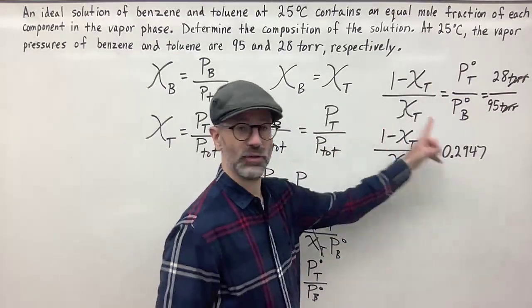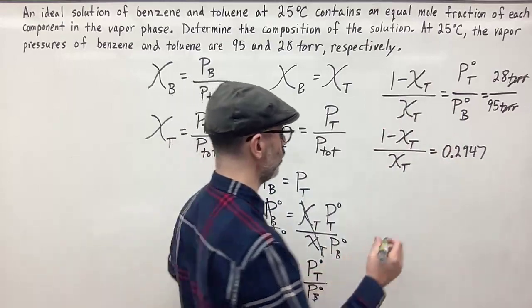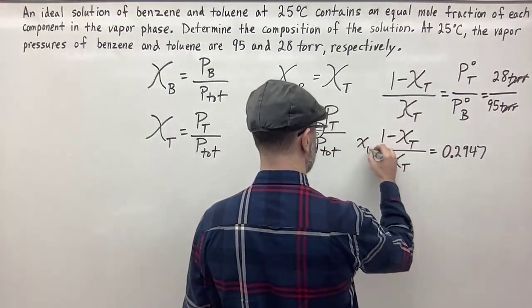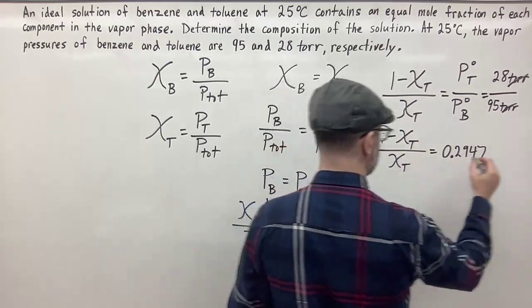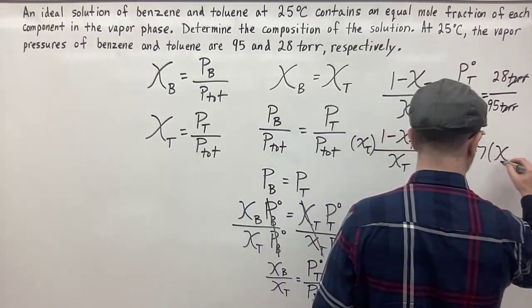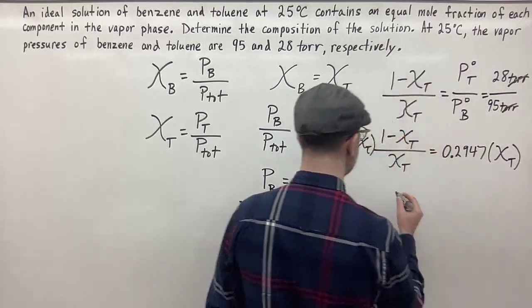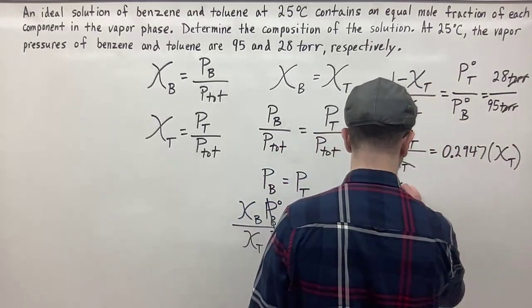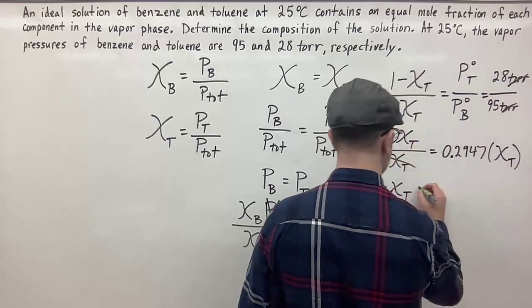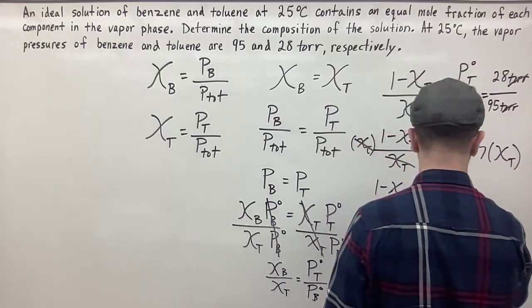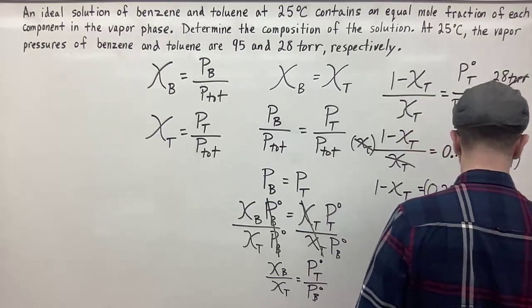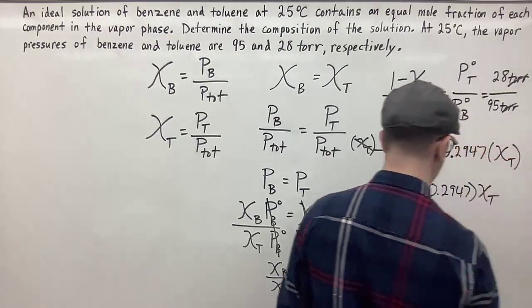I can now solve this for the mole fraction of toluene. So then I'm going to multiply both sides by the mole fraction of toluene. And then I get 1 minus the mole fraction of toluene is equal to 0.2947 times the mole fraction of toluene.